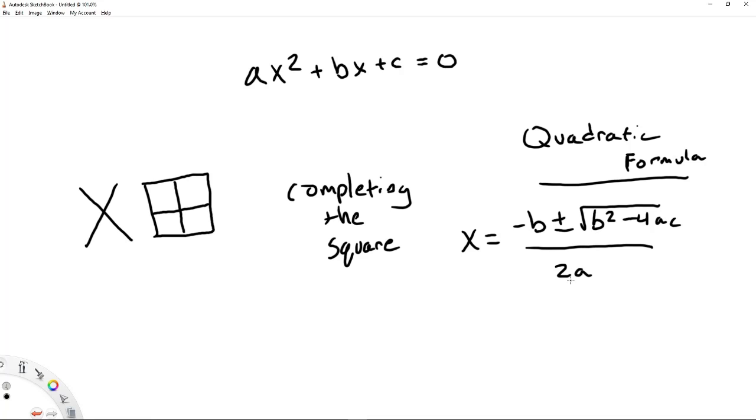Obviously, we can see that there is an a, b, and a c, which also resembles the a, b, and c from a quadratic equation. And so in order to use this method right here, you just have to input the values of a, b, and c into this right here. And the reason why there's a plus and minus right here is to show that there could be more than one solution.